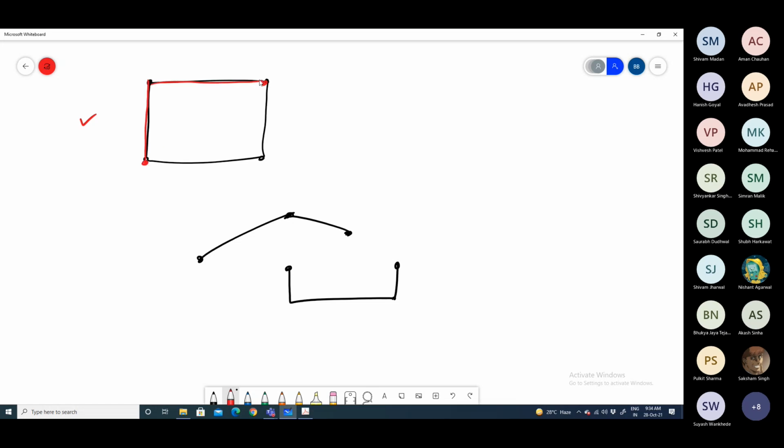But this other graph is not connected. If you choose this as U and this as V, there is no path from U to V, so this is disconnected.